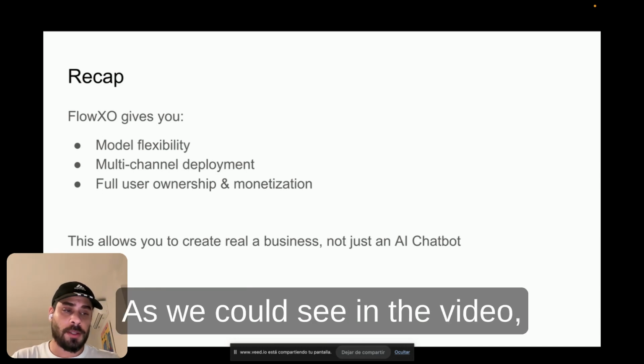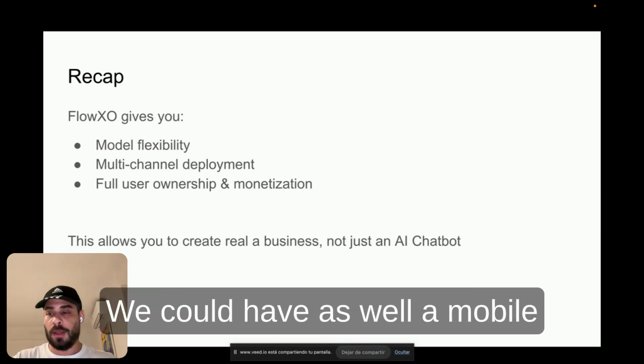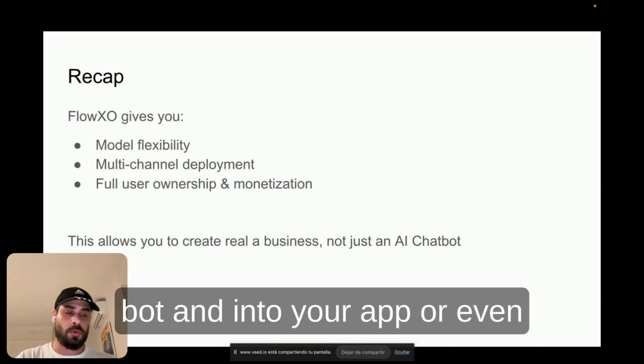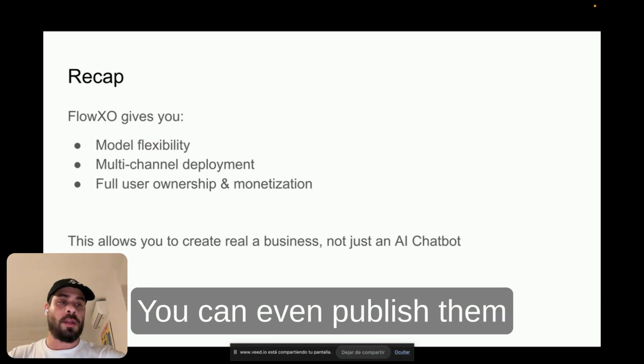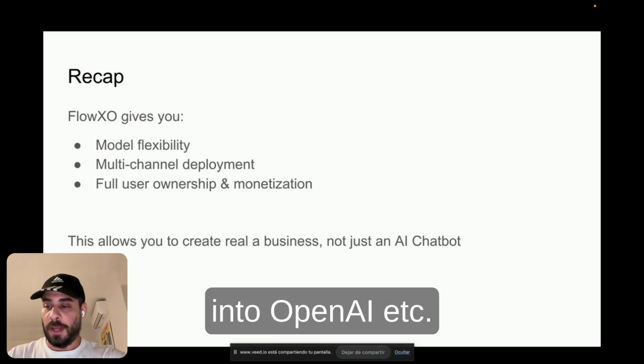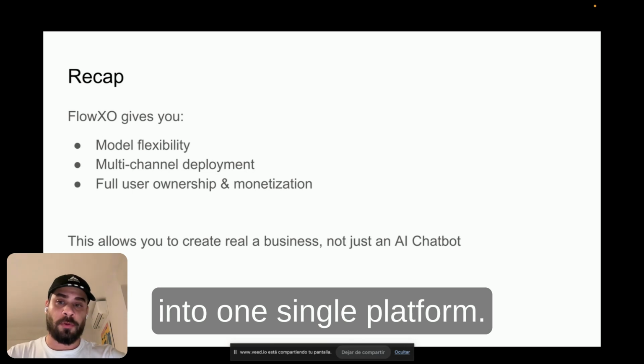As we could see in the video, we have a Telegram bot and we have a web bot. We could have as well a mobile bot in your app or even in our platform, Aventino. You can even publish them into OpenAI, etc. So you are not locked into one single platform.